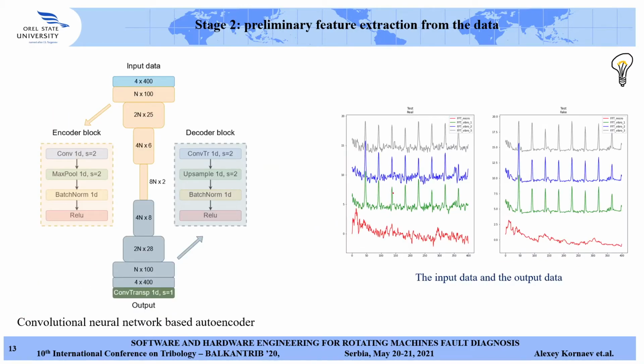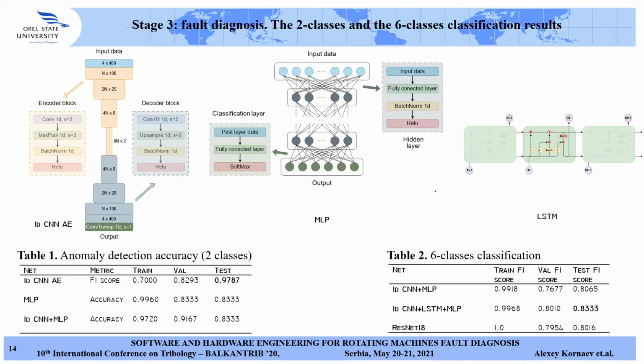At the stage of preliminary feature extraction, we used an autoencoder that looks like a bottleneck. In this case, the network has to realize which elements in the data are important and which elements are noisy, so the network works like a filter.